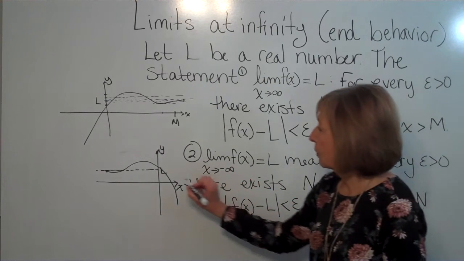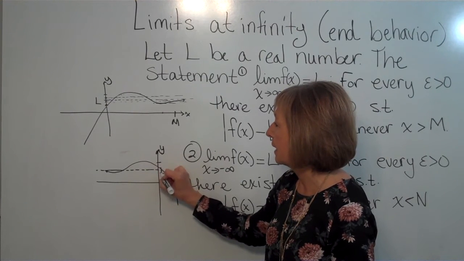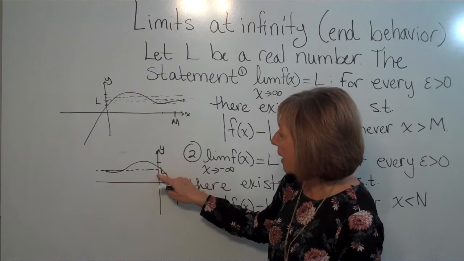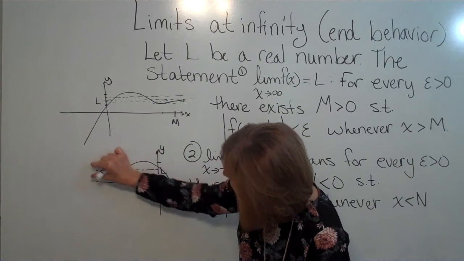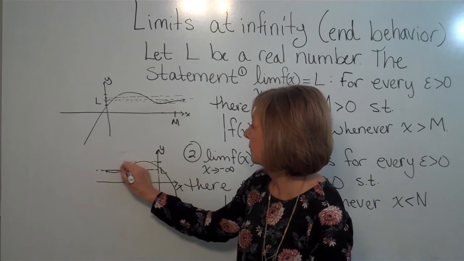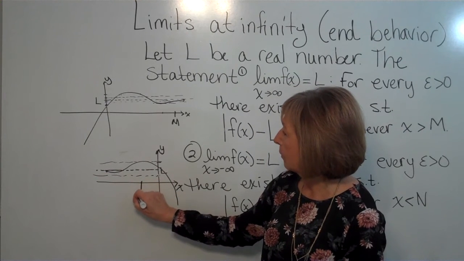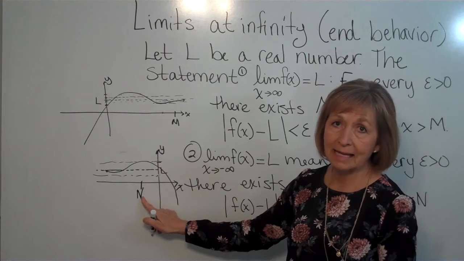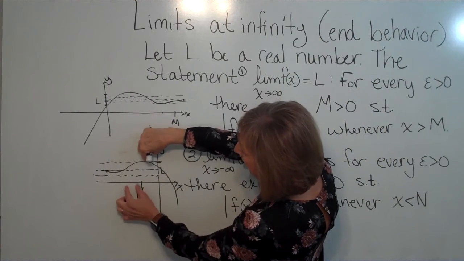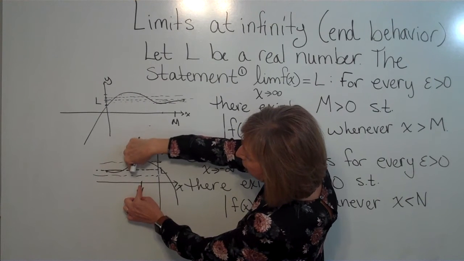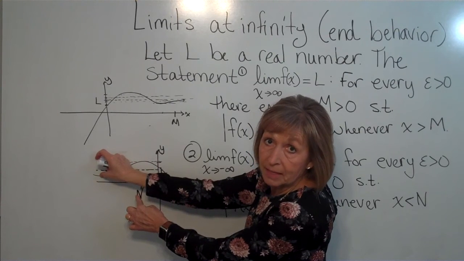So here, if this is my limit, and someone gives me an epsilon band of about that much, so L minus epsilon, L plus epsilon, and I think about just carrying this across, then about right here would be that n that's less than 0, so that every x left of that n would produce an output of the function that's closer to that L than my epsilon band, so it gets caught in that epsilon band.